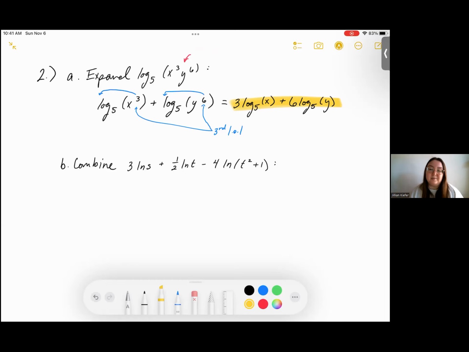But we need to figure out what the order is that this needs to go in. And the answer is that you can probably go in almost any order. As long as you're very clear about what you're doing and keeping everything kind of in line, you could go in any order. The same goes for part A as well. You could have gone in a different order, it just might have led to more steps. In my opinion, it's always best to get rid of coefficients or exponents first and then deal with the multiplication or division.